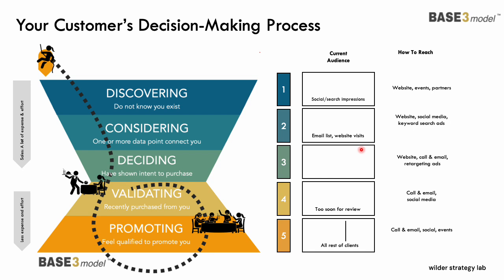The consideration level, most business owners do not know the answer to these questions, consideration and discovering. People in the consideration level would be site visitors, the size of your email list minus your clients. The discovering level, these are people who are seeing you on social media or seeing you in their searches but not clicking on you.